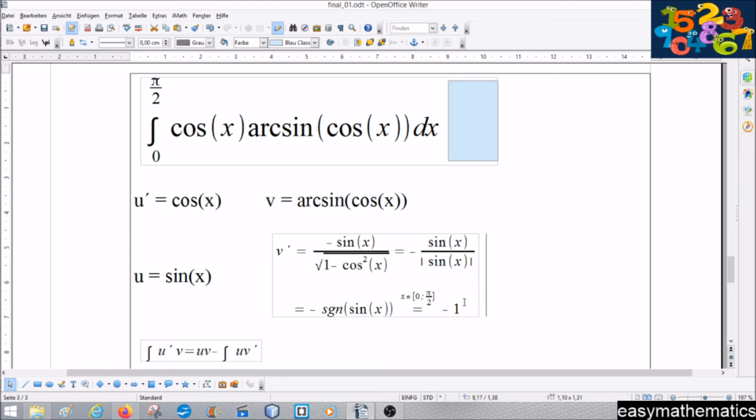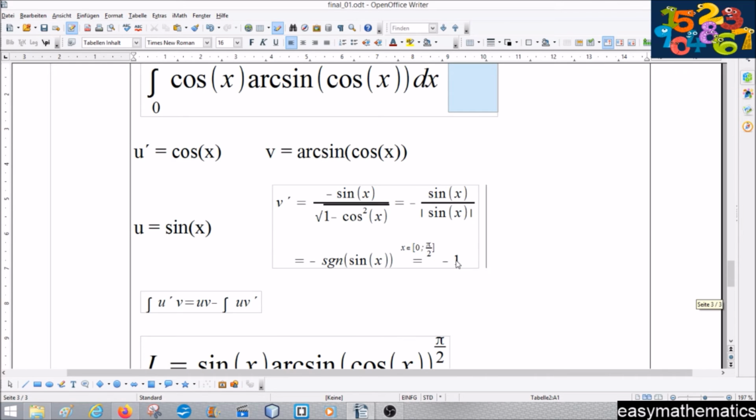This makes v prime minus 1, because x is in the range of 0 to pi over 2, and the sine is there positive, so the sign of sine x in this range is 1, and there is a minus, so v prime is minus 1. How beautiful is that?